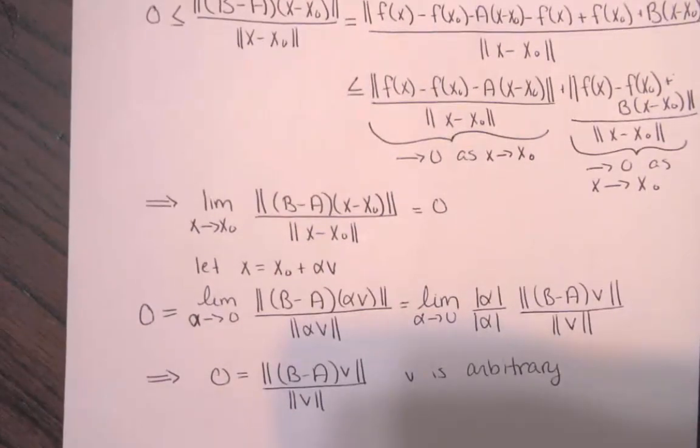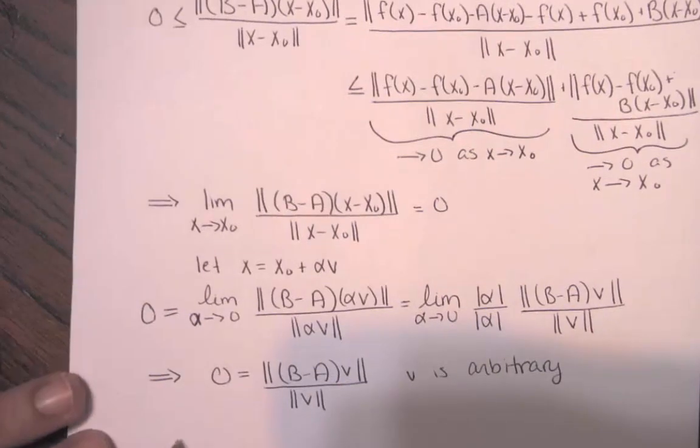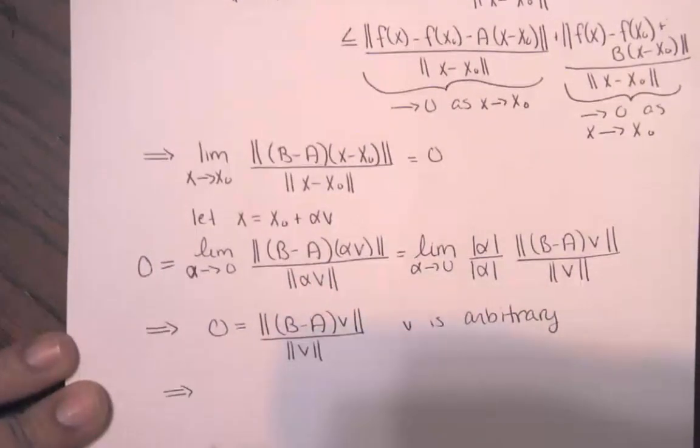So I get 0 is equal to the norm of B minus A times v, divided by the norm of v. Now v is arbitrary. Because B minus A maps any vector to 0, that implies B minus A is 0, or B is equal to A, and I have my uniqueness result.